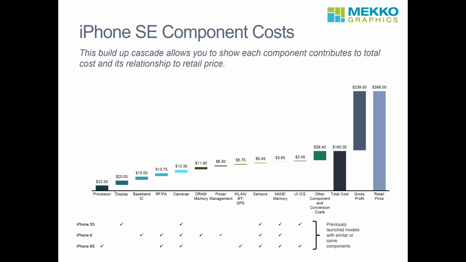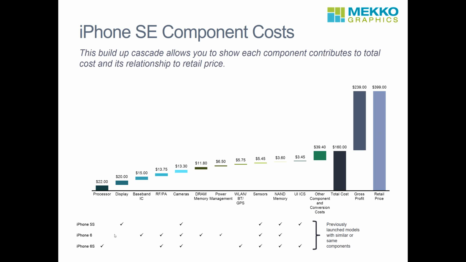So you can fit a lot of different components into a Cascade. You can split them out and read them much more easily. You can do subtotals, which you can see I did here. I broke down the cost into the cost components, and then I added gross profit and retail price. And you can also add data rows to the bottom of the chart here as well.